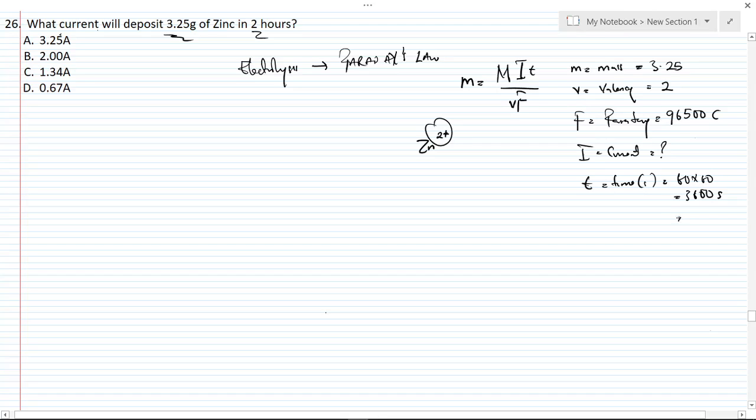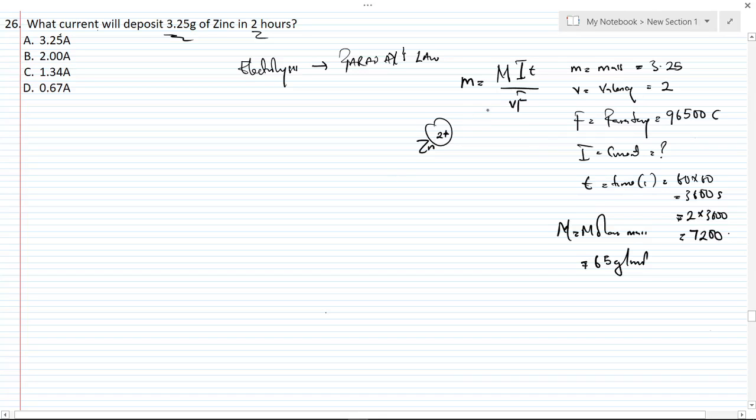So 2 hours is going to be 2 times 3600 to give us 7200 seconds. M refers to molar mass, that's molar mass of zinc. In this case, it is 65 gram per mole. So I think that's all.